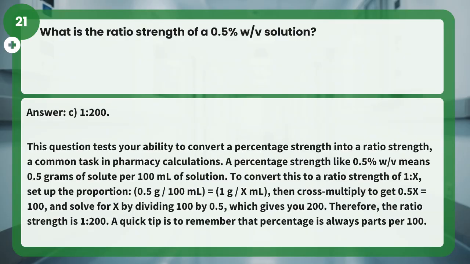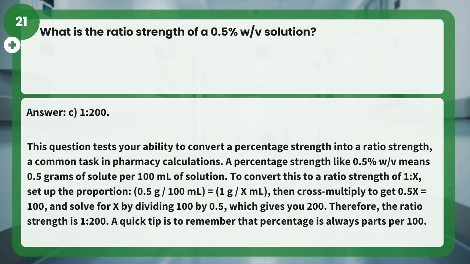Answer: C. 1:200. This question tests your ability to convert a percentage strength into a ratio strength, a common task in pharmacy calculations. A percentage strength like 0.5% w/v means 0.5 grams of solute per 100 milliliters of solution.